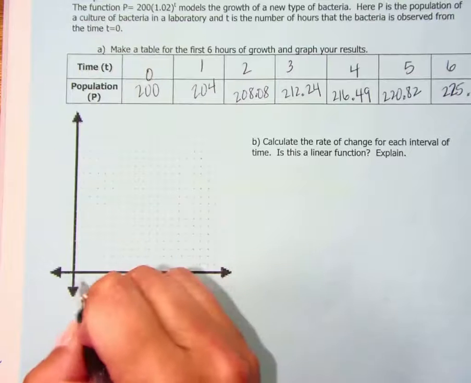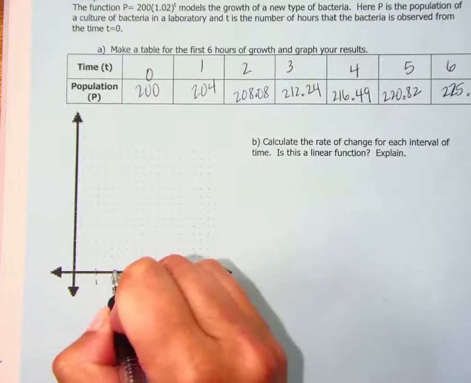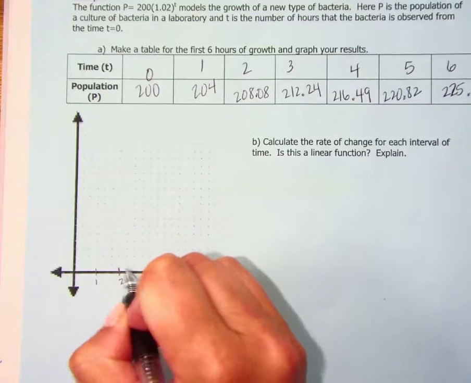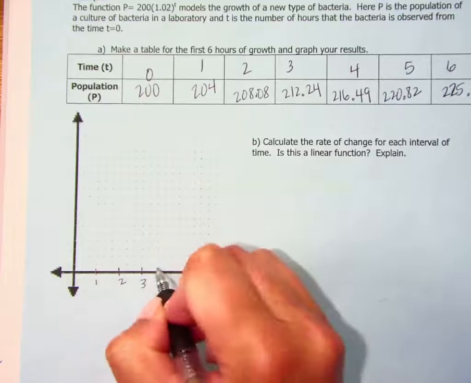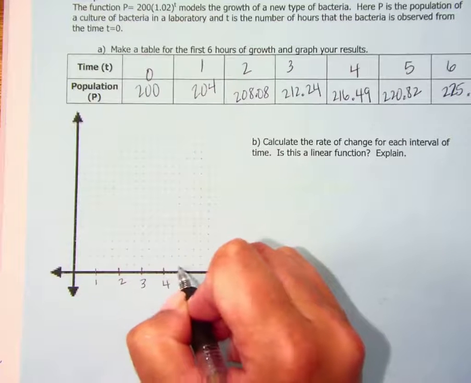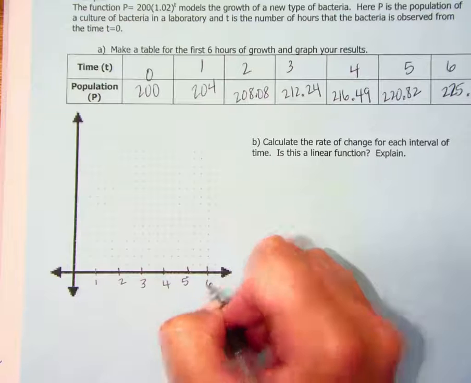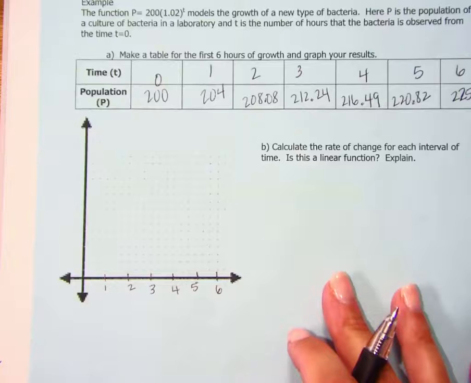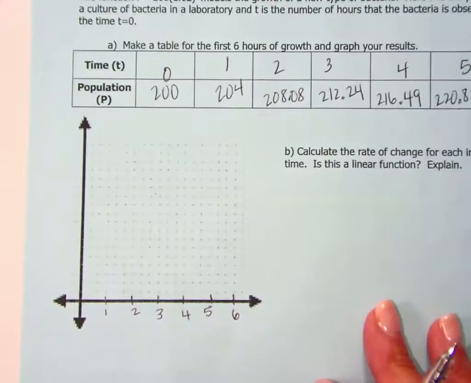And then let's go ahead. Every third little box will be 1. Let's set up our axes here. And then we can make our y-axis go from 200 to maybe 230.